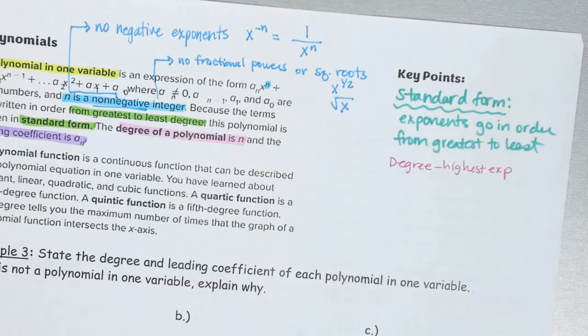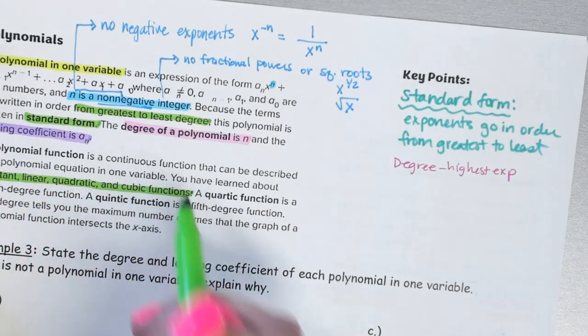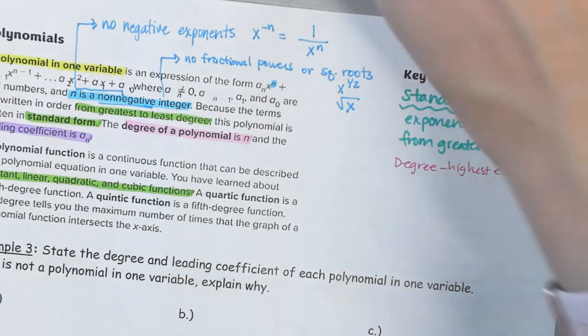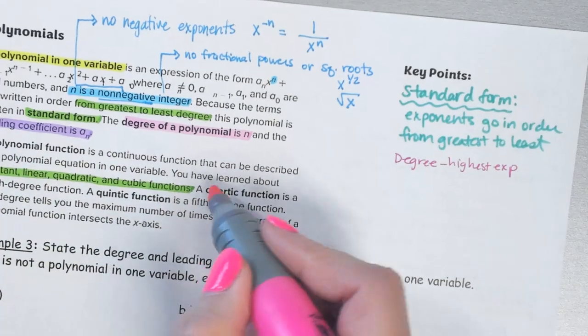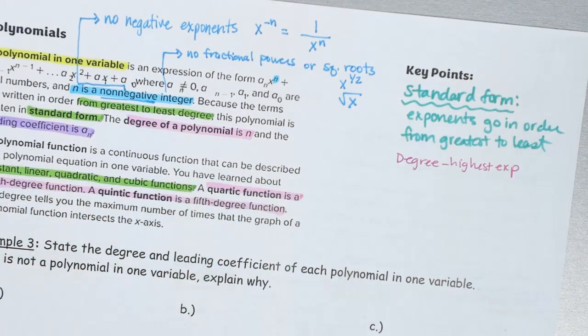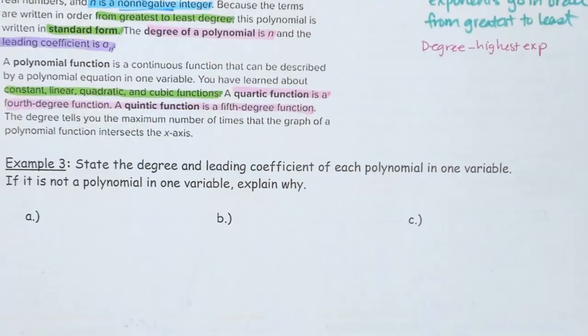Okay, and then it says a polynomial function is a continuous function that can be described by a polynomial equation of one variable. You have learned about the constant, linear, quadratic, and cubic functions. A quartic function is degree 4. A quintic function is 5th degree. Quartic, I remember that because there's 4 quarts in a gallon.